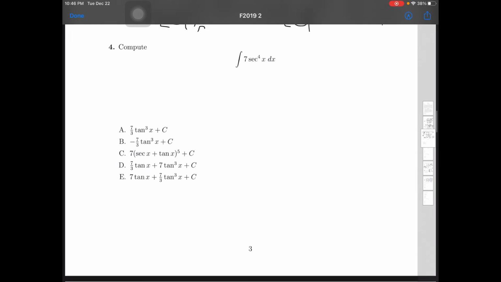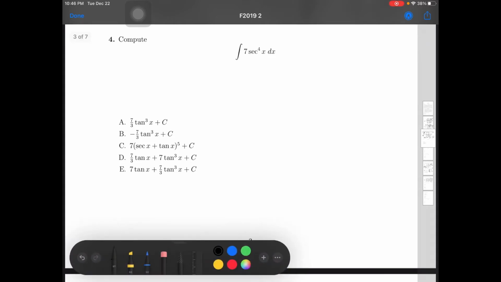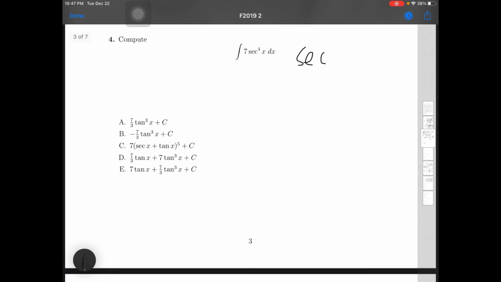Okay, for question 4, the integral is pretty standard for a trig integral, which we have to do a substitution by the following equation of secant squared x equal to tangent squared x plus 1.